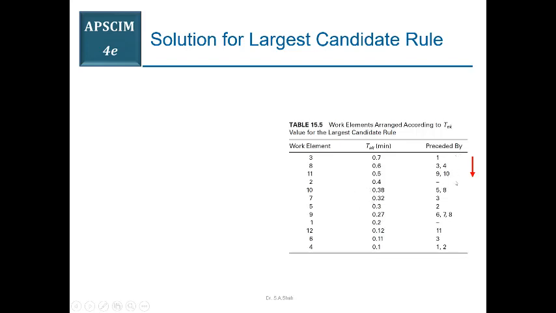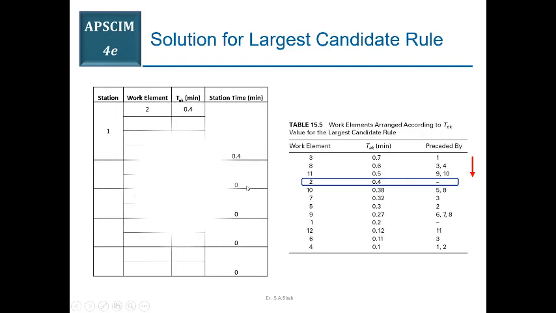So in the table, the first feasible one that comes in my listing is operation number 2, which has no predecessor and its operational time is 0.4 minutes. So I can assign this particular operation to the first workstation.